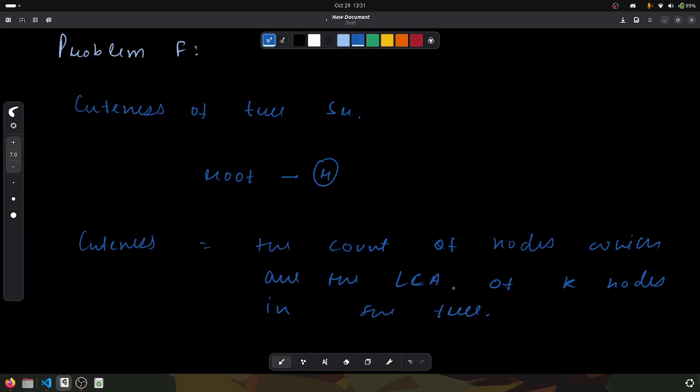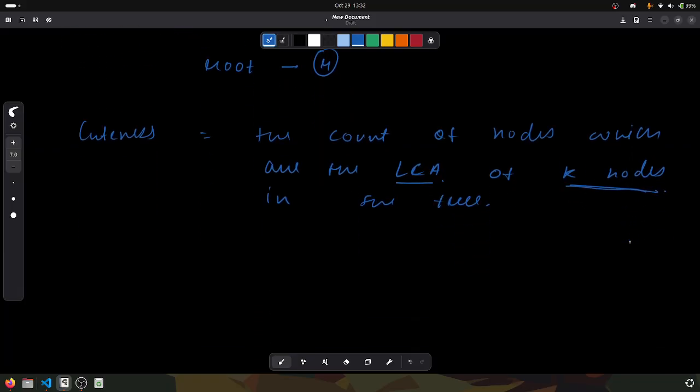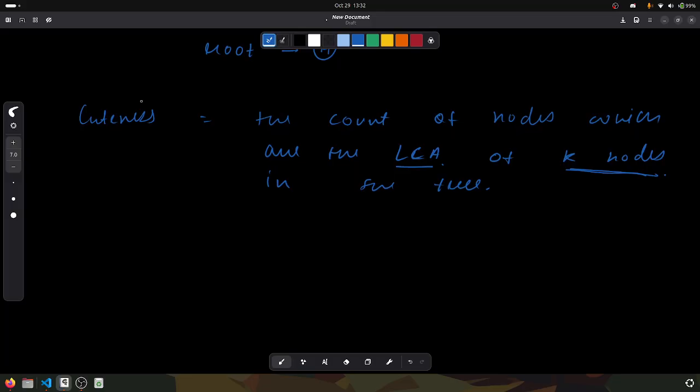So basically we can choose any k nodes from the tree, and if the LCA of those k nodes is a node, then we need to count the number of such nodes which are the LCA of k nodes. Let's take some example and we will understand better from that.